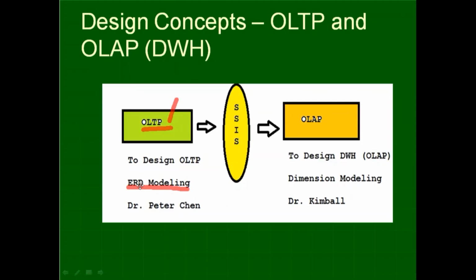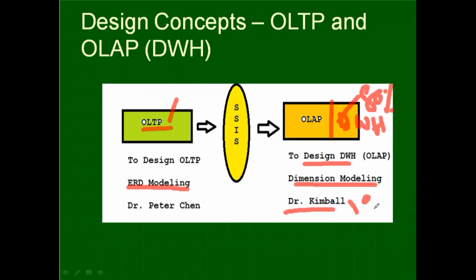But today, 80% of the companies are not using the Inman approach. Everybody is going to have Kimball's approach. Kimball says OLAP means I'm talking about data warehousing. Data warehousing means a large database. To design it, he's talking about dimension modeling. Dimension modeling was introduced by Dr. Kimball in the 1990s.